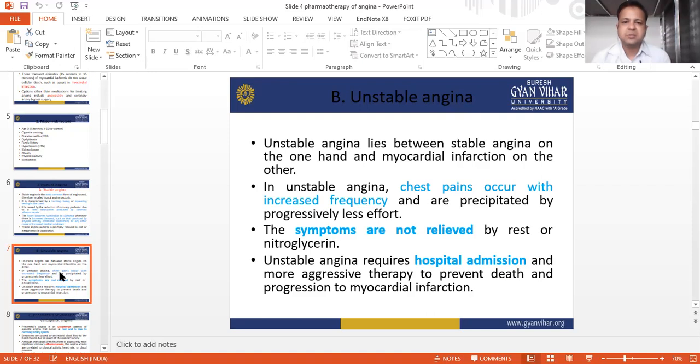The symptoms are not relieved by rest or nitroglycerin. Unstable angina requires hospital admission and more aggressive therapy to prevent death and progression to myocardial infarction.